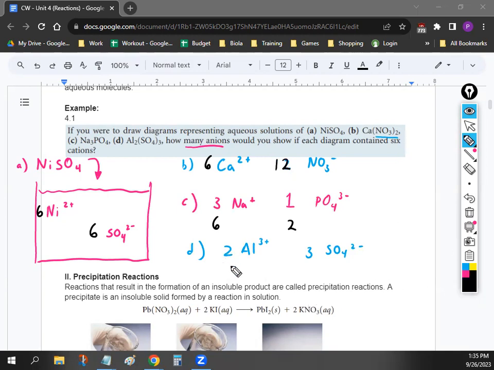So if we had 6 aluminums, how many sulfates will we end up with? 9. Yeah, 2-to-3 ratio, because if you divide by 2, it'll be 1 and 1.5, but yes, 2-to-3 is the ratio.